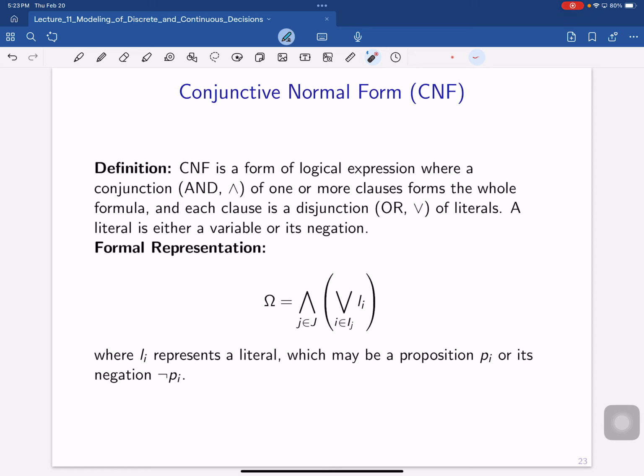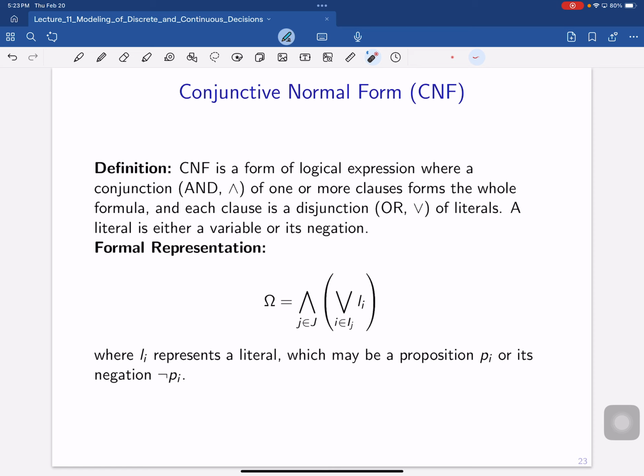Our idea, just to give you a roadmap, is that we will translate any logic propositions into this conjunctive normal form, because it has a very trivial way to be converted into 0-1 inequalities. Okay? And then if you can show there is a recipe to convert any logic propositions into CNF, then we are good to go.